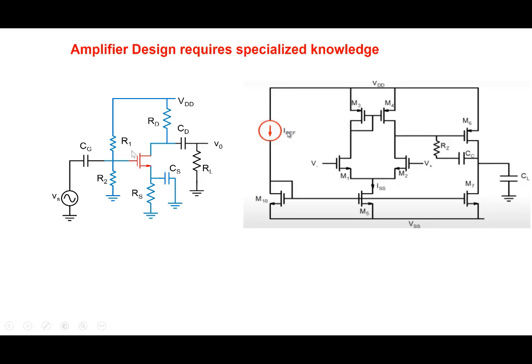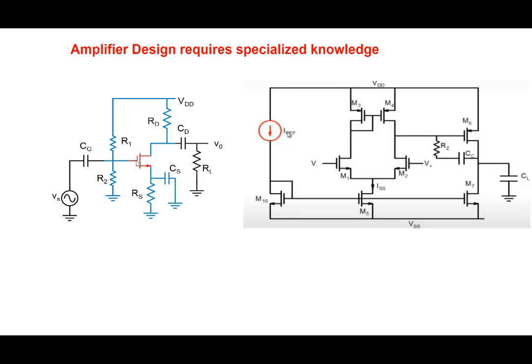And also we have to make sure that for the frequency of interest, the capacitors act like reasonable low impedance paths. And therefore, it requires specialized knowledge to design a very simple amplifier like this. And this is what we call a single stage amplifier, consisting of one single transistor only.